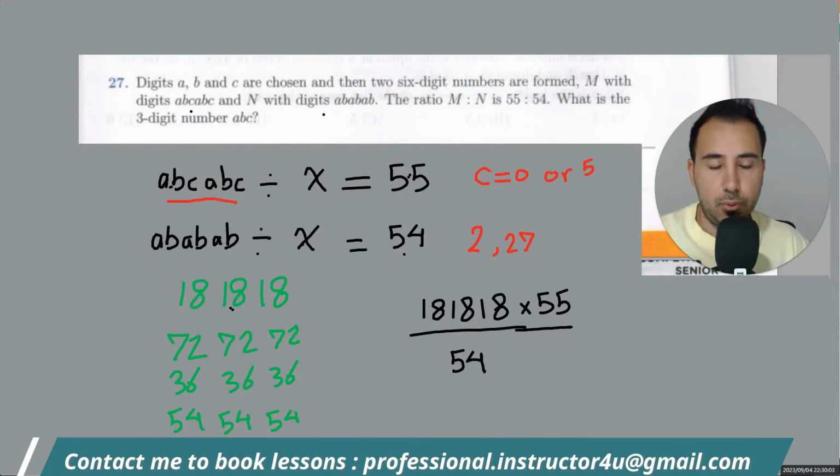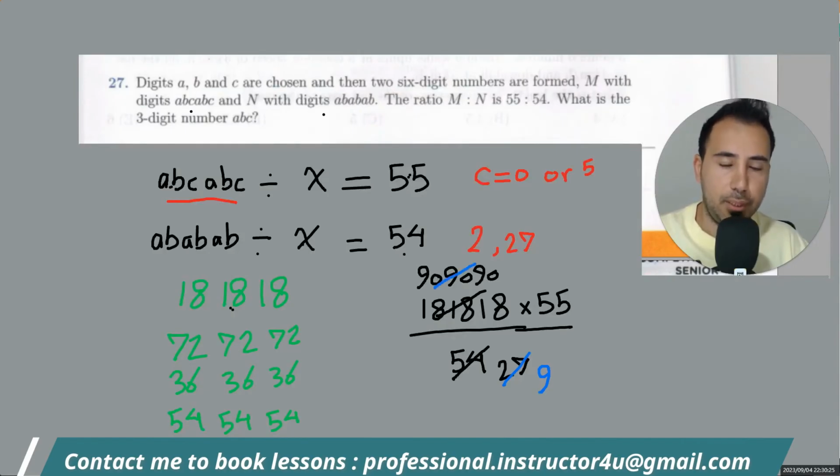Okay, so let's divide this by 2 first. This one divided by 2 is 9. This one divided by 2 will be 90909. Okay, let me change color. This one divided by 3 will be 3.